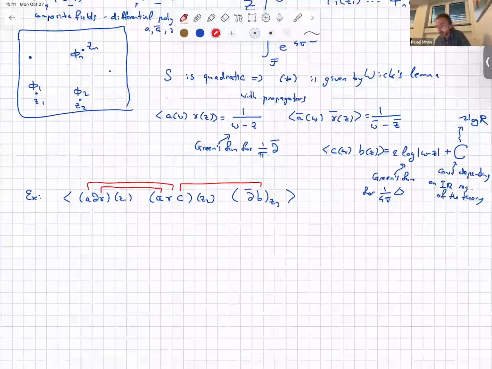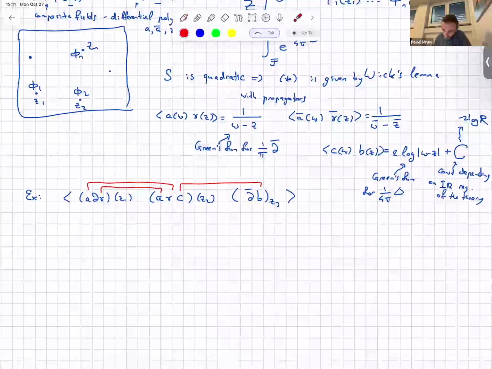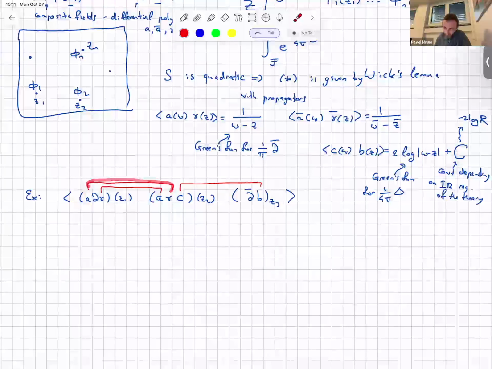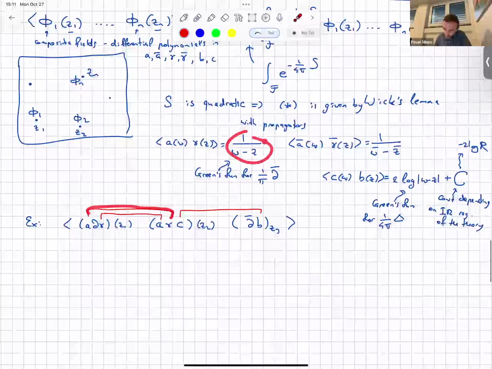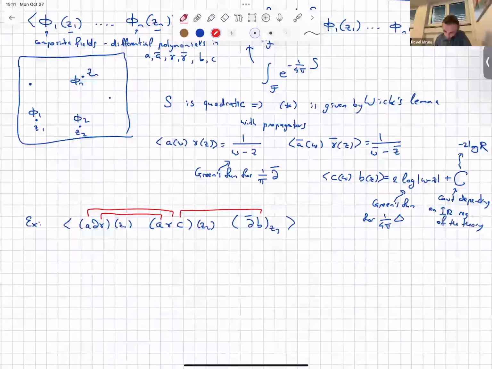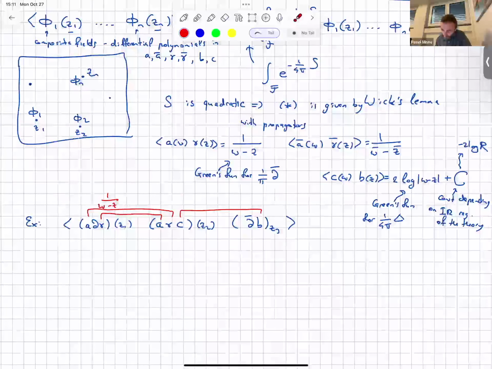The contraction of A with gamma gives me the propagator that I wrote here, so it will be 1 over W minus Z. The contraction of gamma with A would have been 1 over Z1 minus Z2, but I also have the derivative in Z1 hitting it.